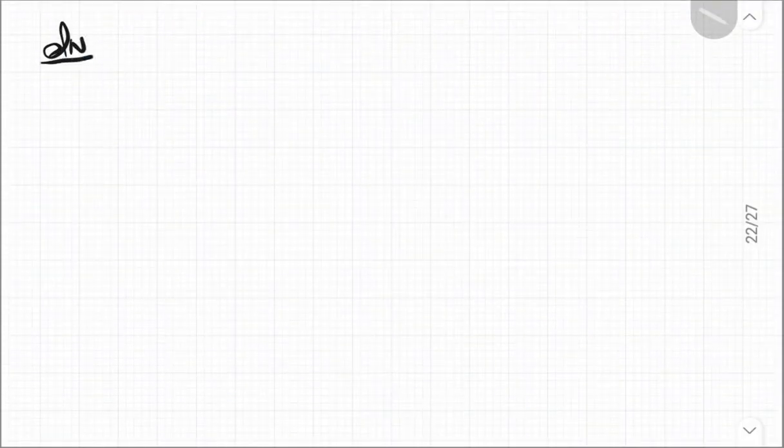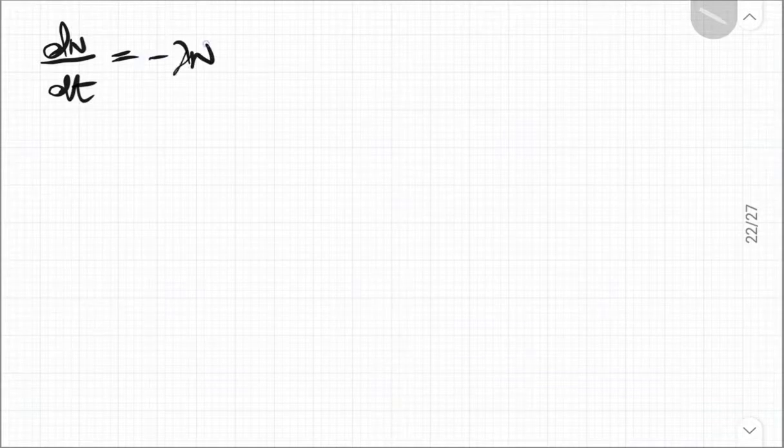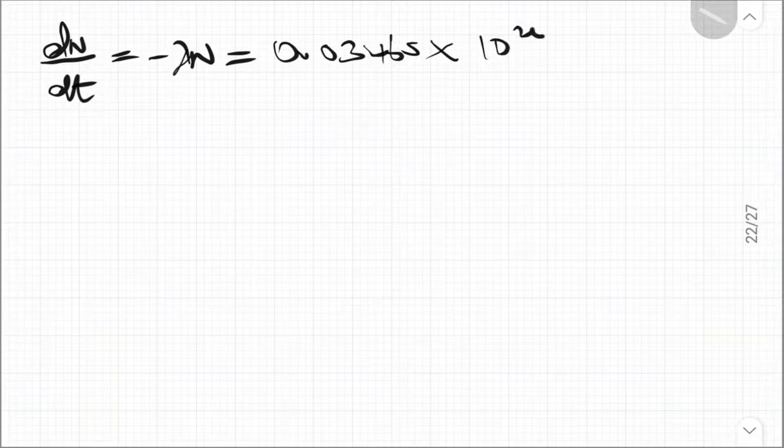So the dN over dt, which is negative lambda N, what is lambda? Of course, we found that to be 0.03465. So we multiply that by the number that we start off with, which is 10 to the 20. Of course, there is a negative sign there.